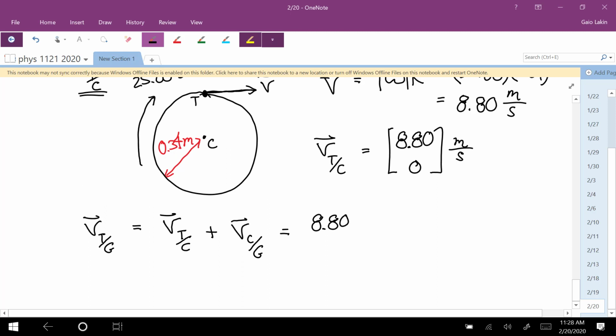We just calculated that top relative to center is 8.80. We were given that the velocity of the center relative to the ground is also positive 8.80. And so the velocity of the top relative to the ground is positive 17.60.